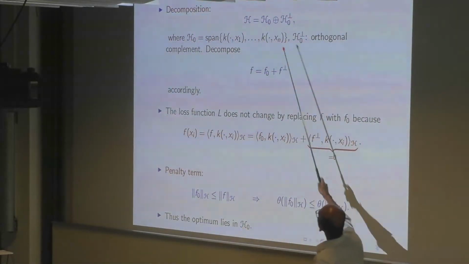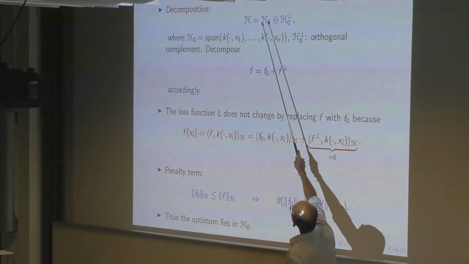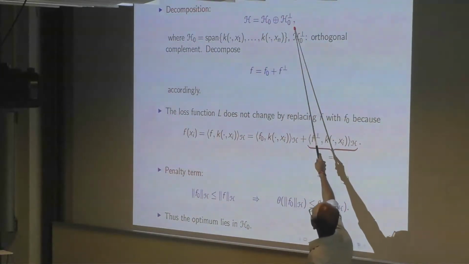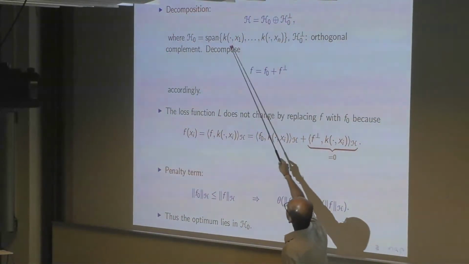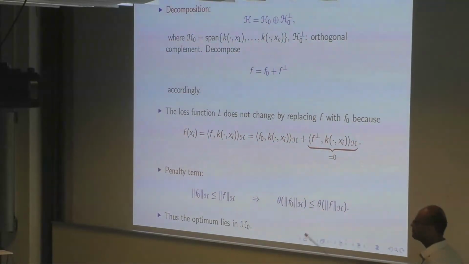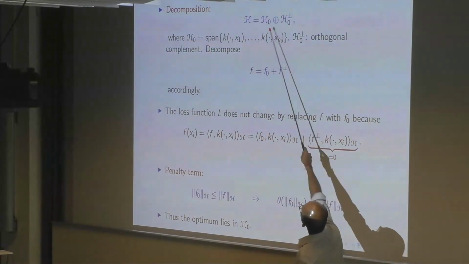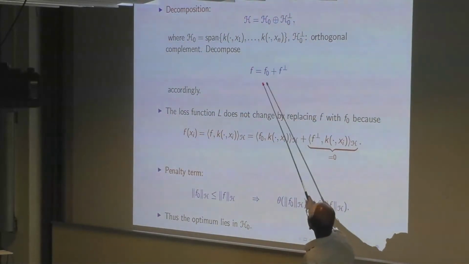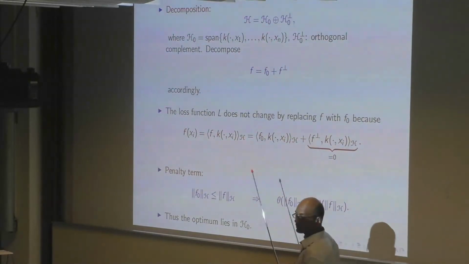All you do is choose h to be a direct sum. You say h can be written as a direct sum of h naught and a space that is perpendicular to h naught. H naught is chosen to be the span of these kernel functions. By the direct sum, if a function lies in this space, I can write it as a sum of functions in these two spaces, where f naught and f perp are perpendicular to each other.